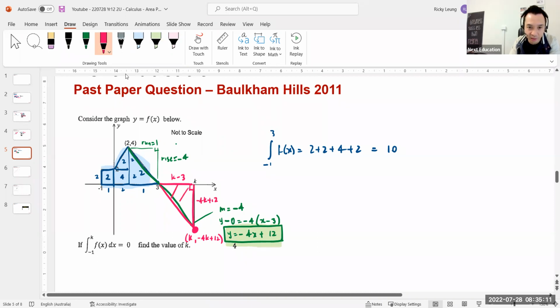Now, the area of this guy, the area of the negative part. So the integral from 3 to k of the function dx will be the area of a triangle, a half times base, k minus 3, times height. Let me just make sure my working is fine.